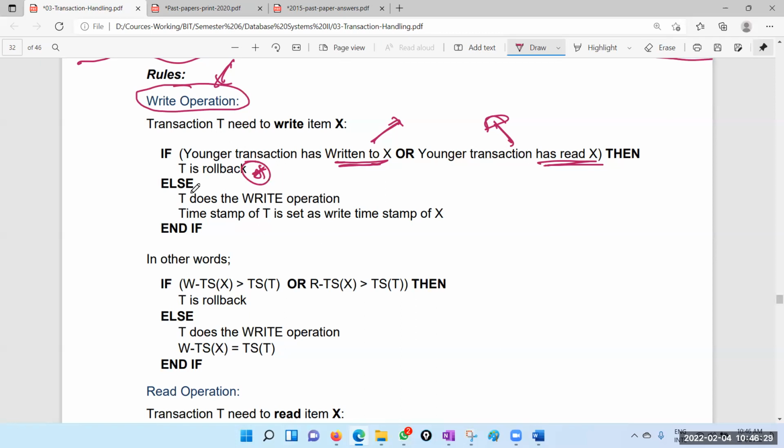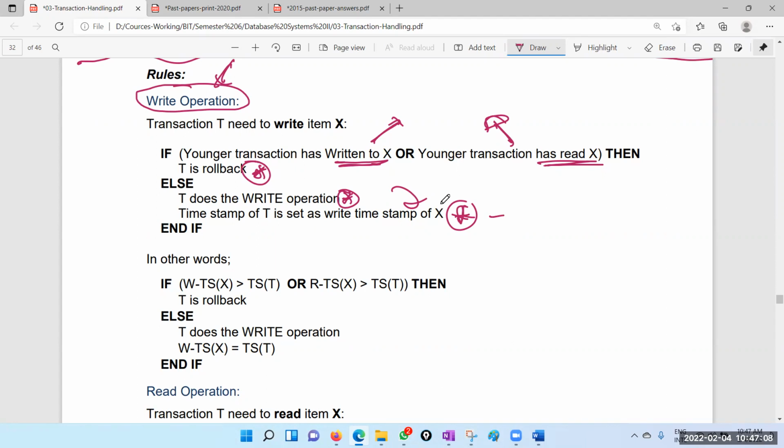Else, you can do the write operation, because no younger transaction has read or written. But when you write it, you have to make sure you update the write timestamp of the resource. If this transaction managed to write it, the write timestamp of resource X must now be the starting time of this particular transaction. Then you are done.